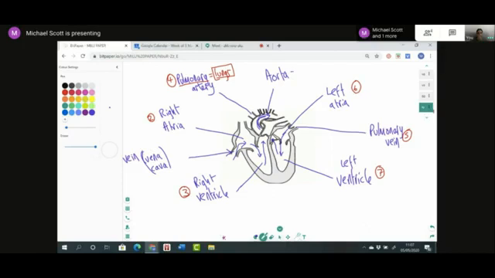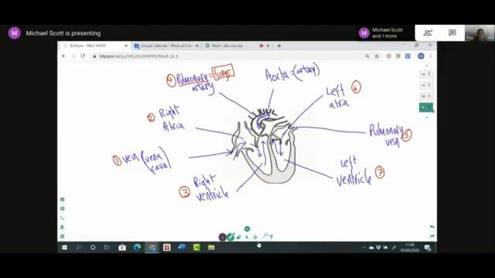The aorta is the main artery in the human body, and that artery will take the oxygenated blood to the head and to the rest of the body. And I'll label that as number 8.